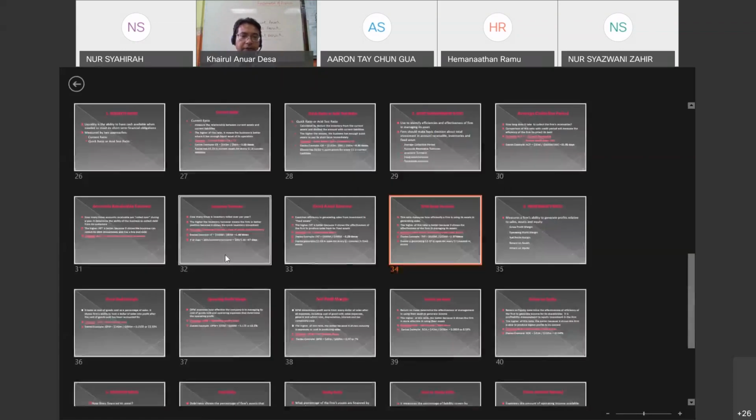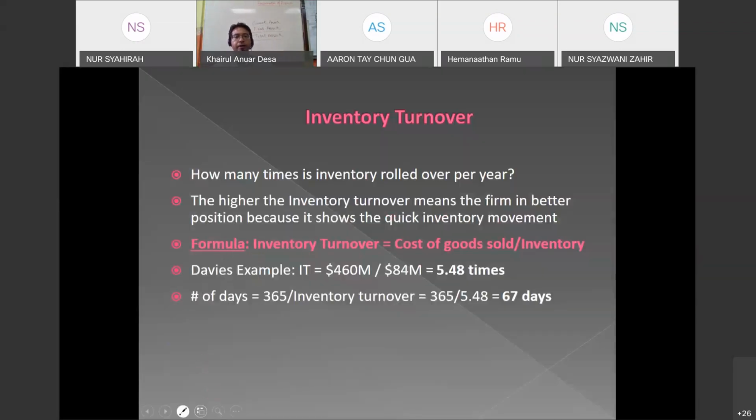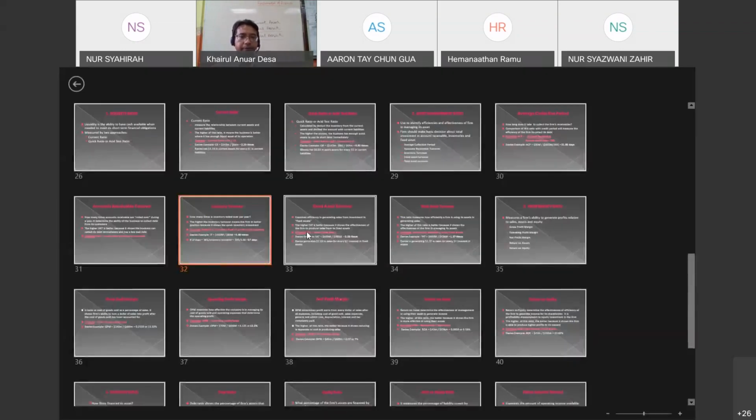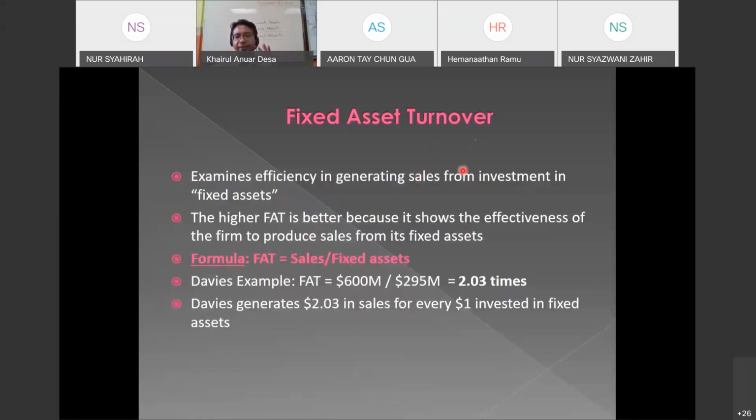Just now we see the fixed asset turnover is 2.03. Okay.